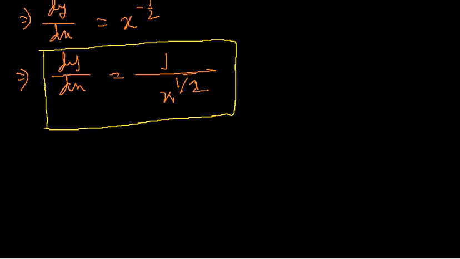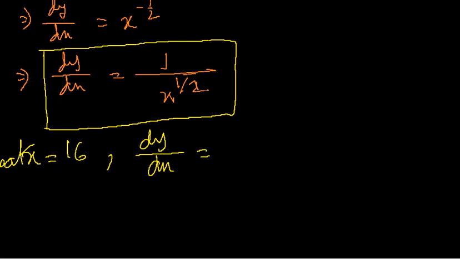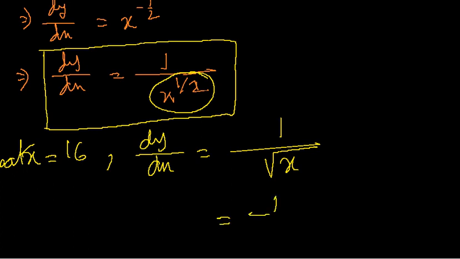The question was to find the gradient at the point where x equals 16. So at x equals 16, the value of the gradient dy by dx is 1 by x to the power half, that means 1 by root x, and here x is 16.